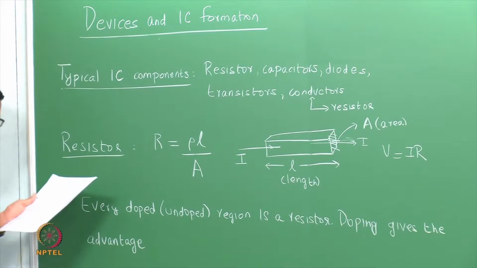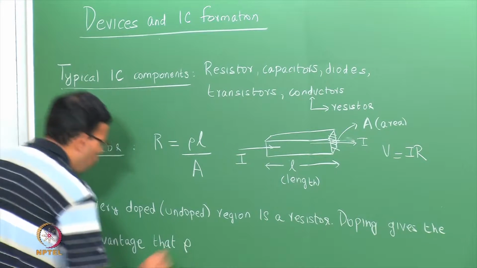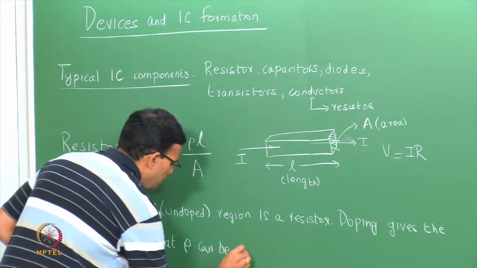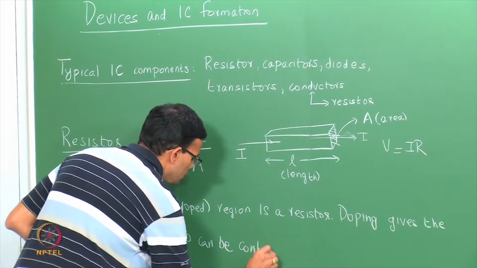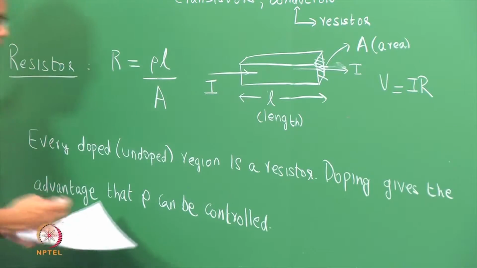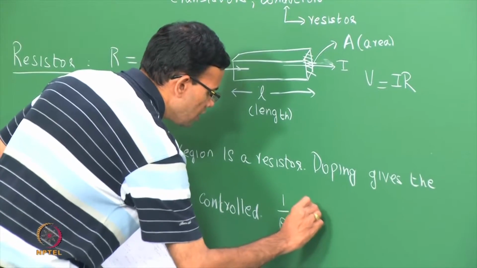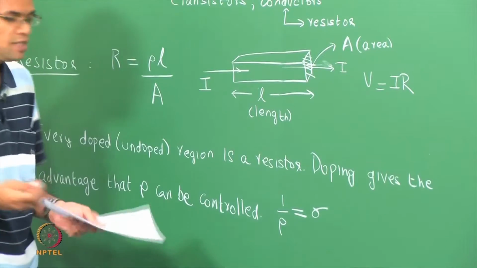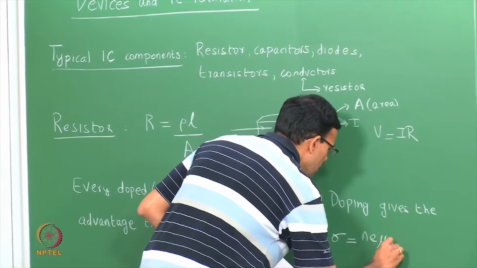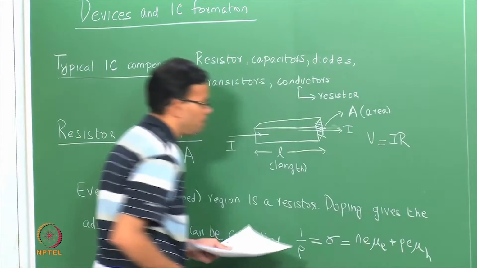So, doping gives the advantage that rho can be controlled. And again we have seen this expression 1 over rho is nothing but the conductivity sigma, which is N e mu e plus P e mu h.